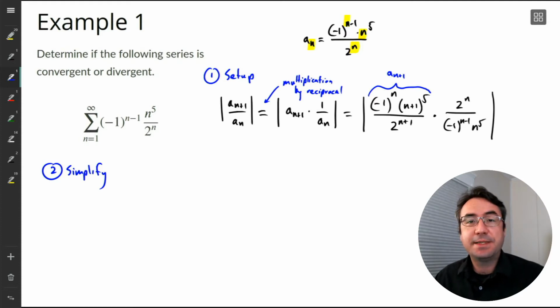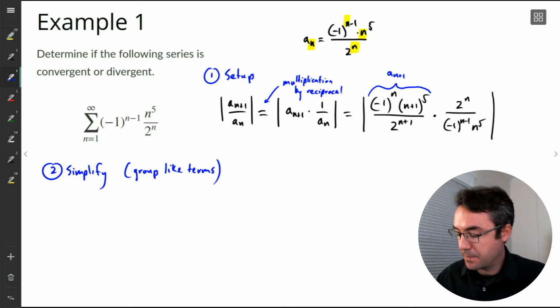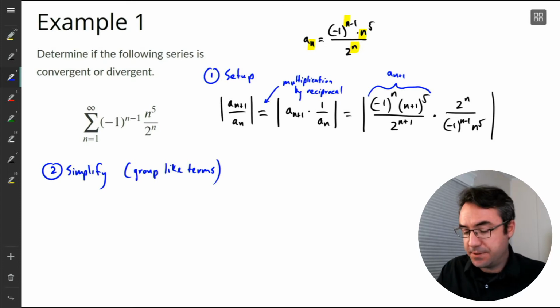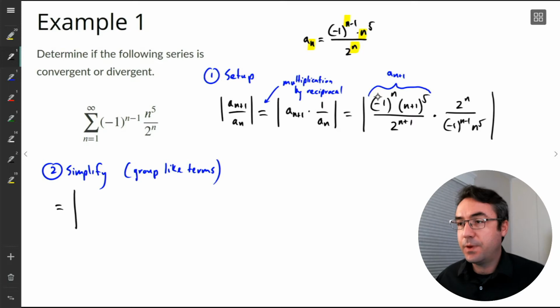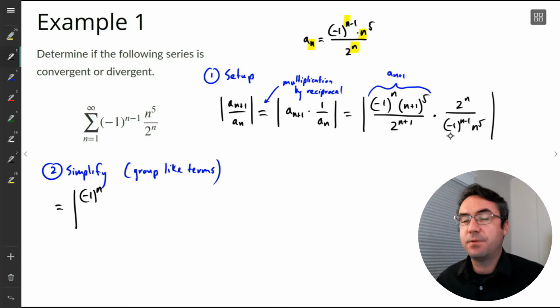So if we can simplify this down, it's just going to make the limit calculation that much easier. And the way to simplify it down is to group like terms. So group them in their own fractions. So we have this -1 raised to the power n that's in the numerator. And then we also have this -1 raised to the n minus 1 that's in the denominator.